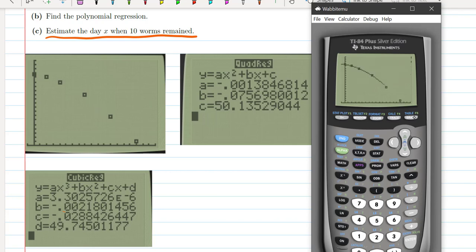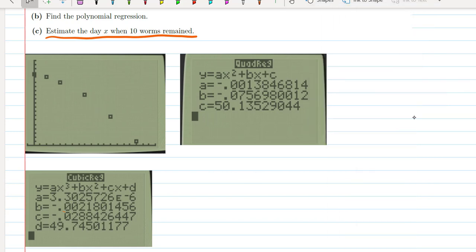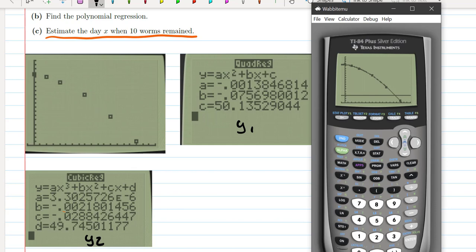So if we hit graph, it's going to put all three of these on the same coordinate system. So if we want to find our different solutions, we want to find the different intersections. So we've got this guy is y1, and this guy is in y2.